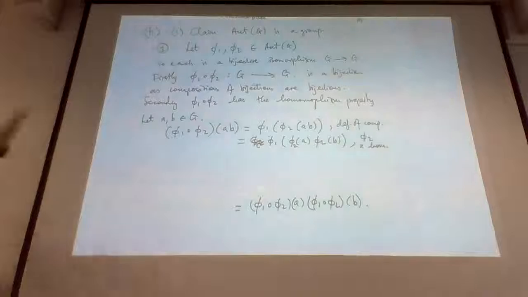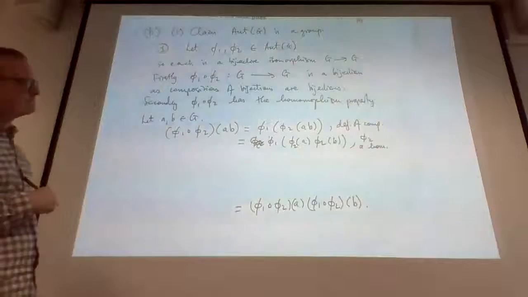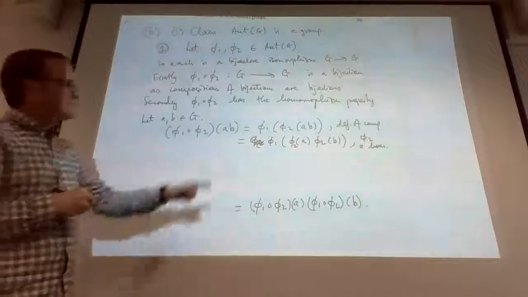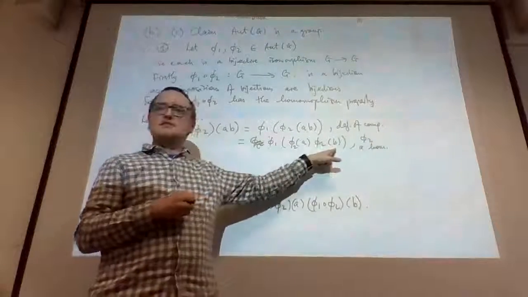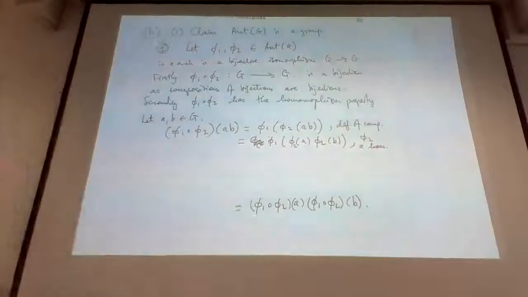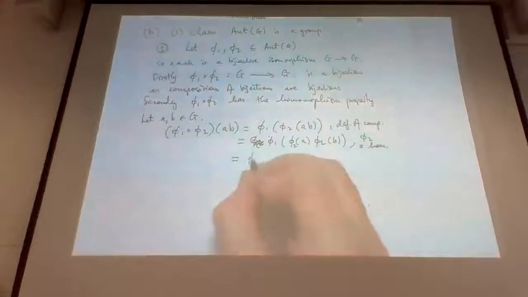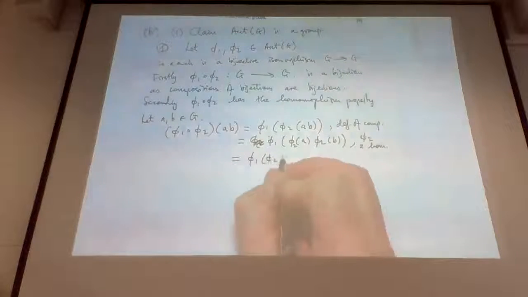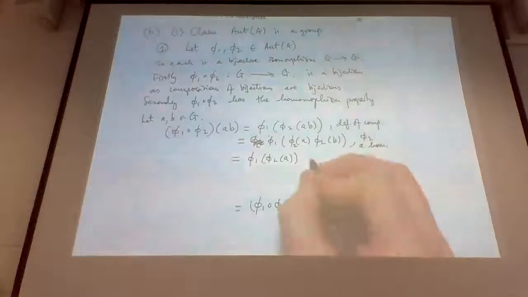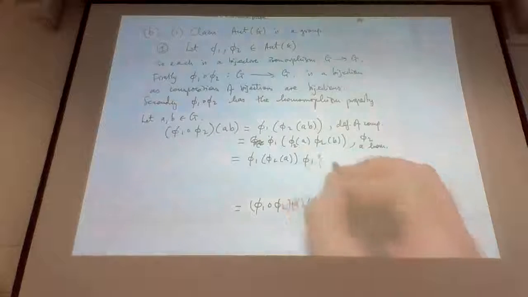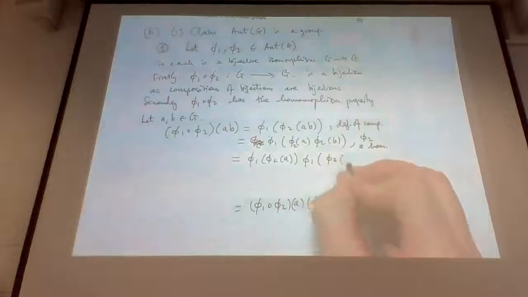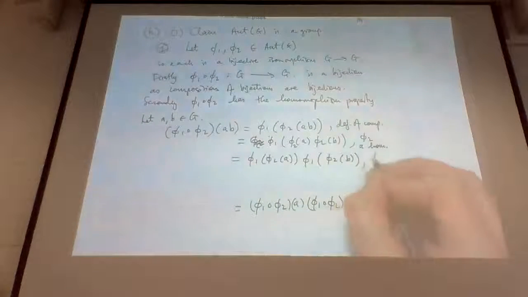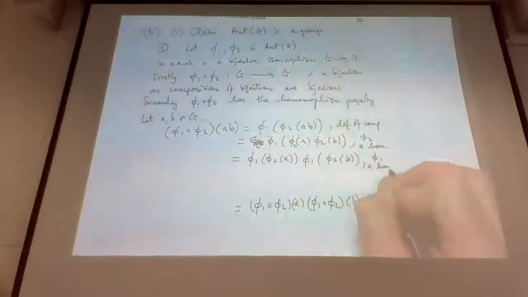That's true because phi2 is a homomorphism. But now we're looking at phi1 of a product. Phi1 is a homomorphism. So that's just phi1 of phi2 of a times phi1 of phi2 of b. That's true because phi1 is a homomorphism.